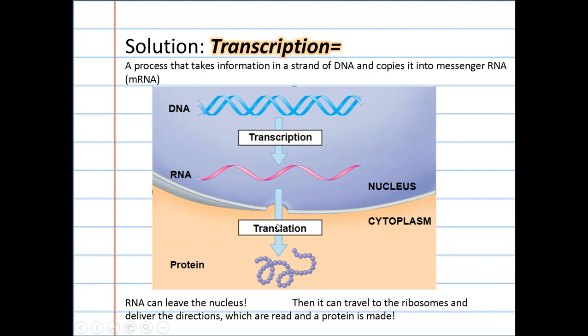That is what we will talk about next class. So today we are just focusing on this top piece. The reason we need transcription is to make the message in the DNA able to leave the nucleus. So we make RNA that can leave the nucleus. It then travels out to the cytoplasm, to the ribosomes to deliver the directions and make a protein.